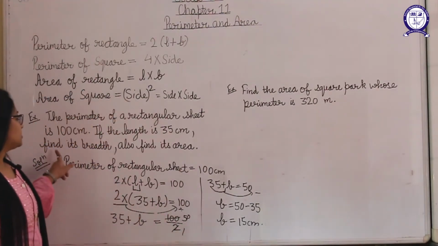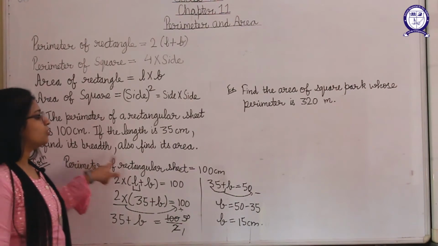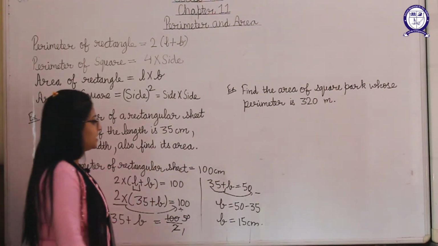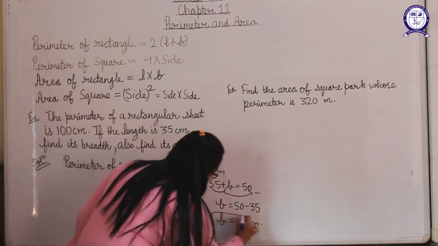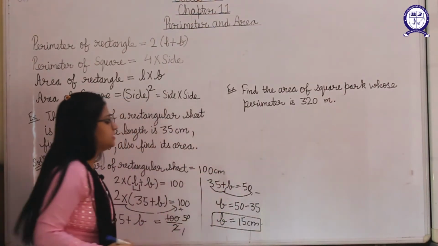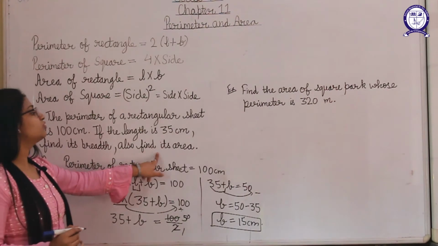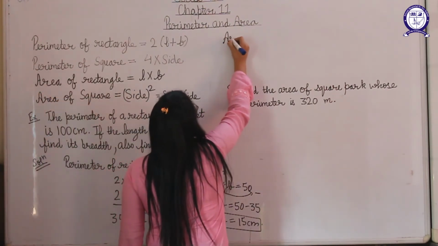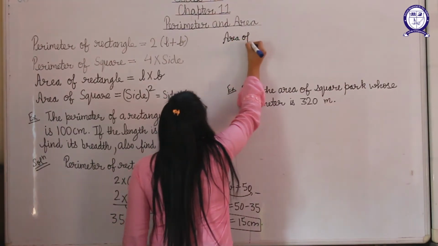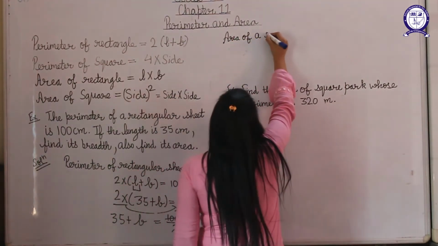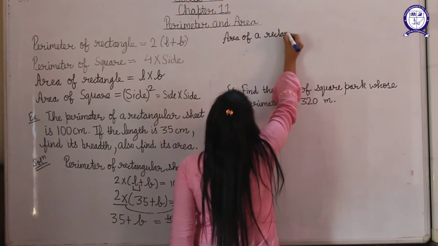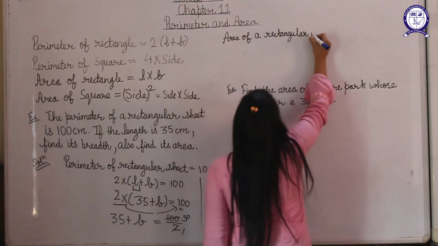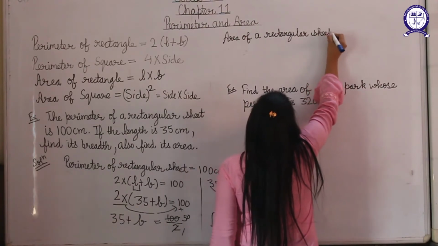Now in the question it was asked that find its breadth. So breadth is 15 centimeter. Also find its area. We will write here that b is equals to 15 centimeter. Now as we have to find its area, so we know that area of a rectangular sheet will be equals to, what is the area of rectangle, students?